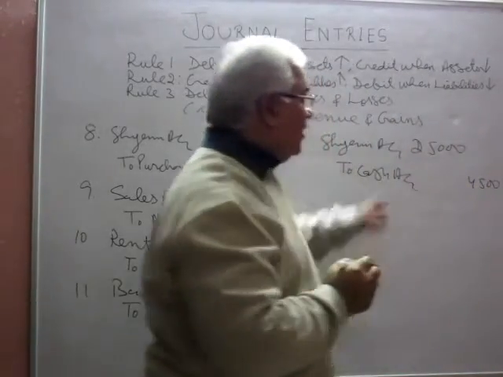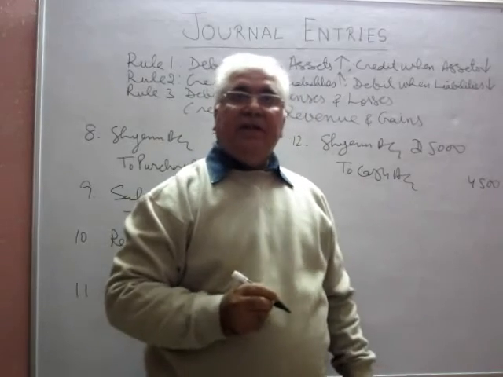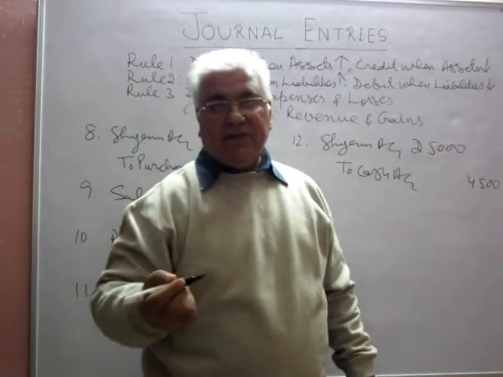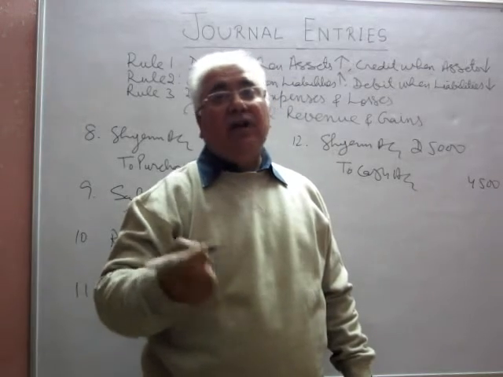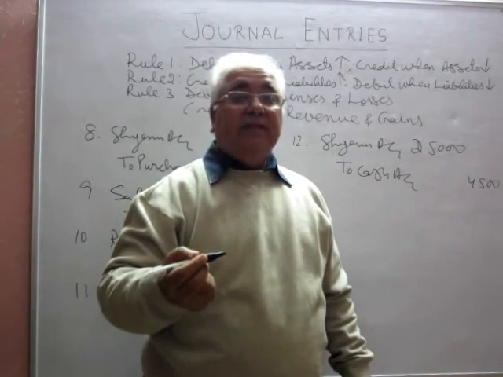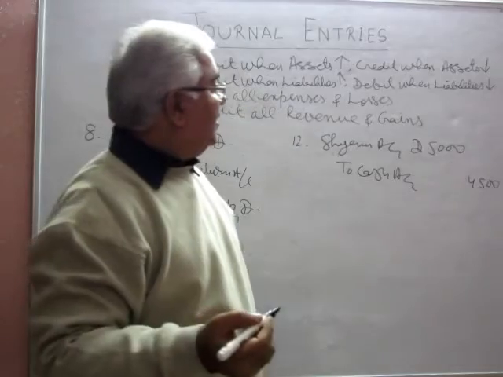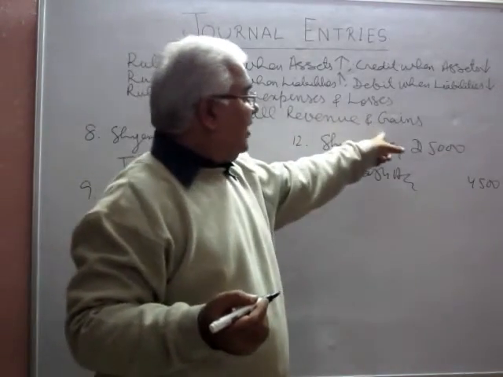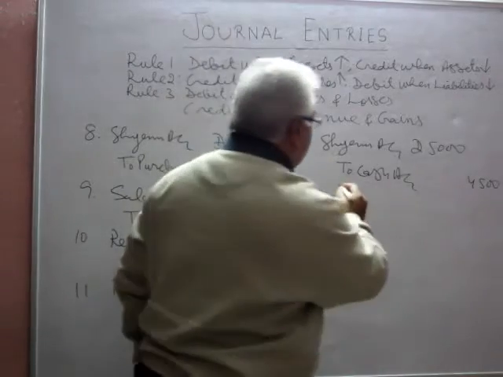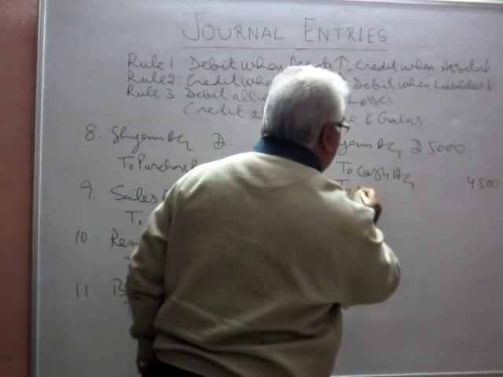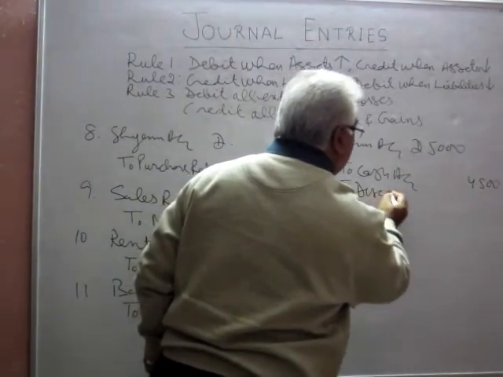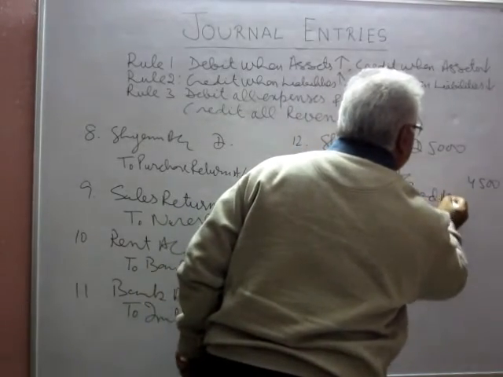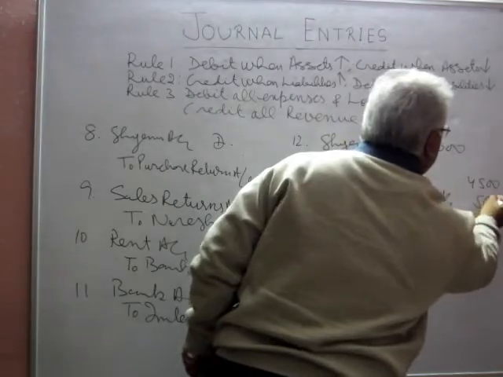Now what about the difference of 500? This is the amount of discount earned by us. Hence, discount is a gain for us, and the rule is credit all revenues and gains. Hence, discount received account will be credited 500.